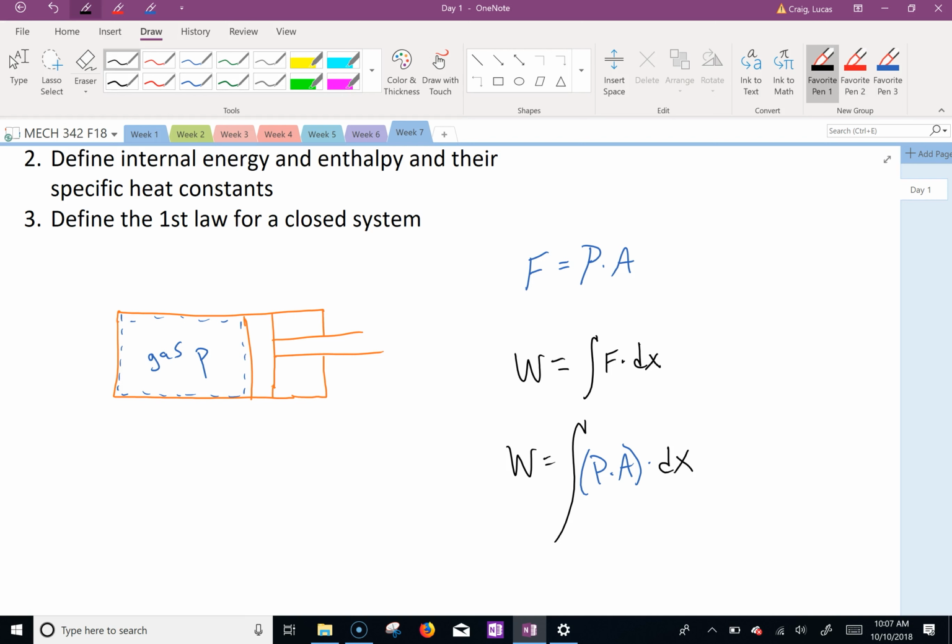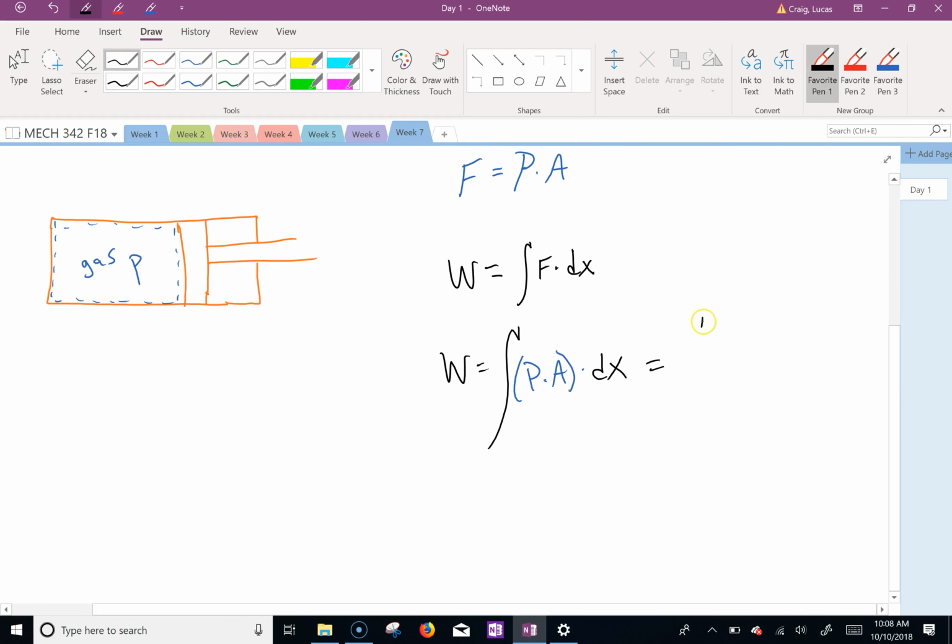What is A times dx? What's the unit of area? Volume, yeah, that's what I was going for. So this can be written as the integration of P dV.